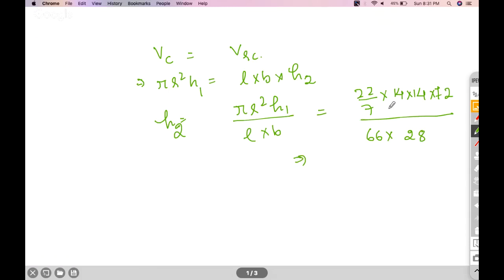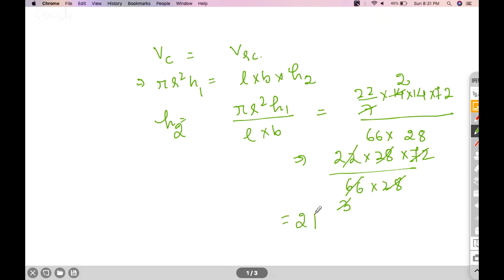So this comes out to be 22 into 28 into 72 divided by 66 into 28. This gives me 3. This and this gone. And 72 divided by 3 gives me 24 centimeters. So question number 14 answer is 24 centimeters.